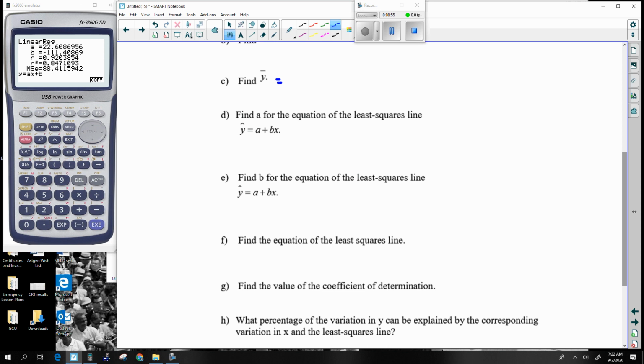The a should be negative 111.4087. Again, my calculator is incorrect. Your calculator should be correct. And the b should be 22.6087.